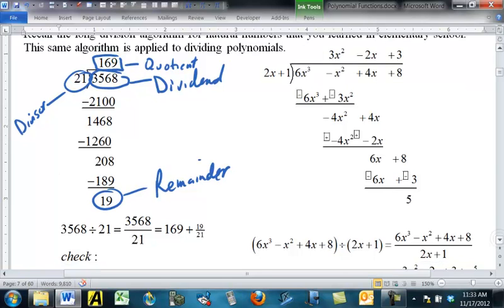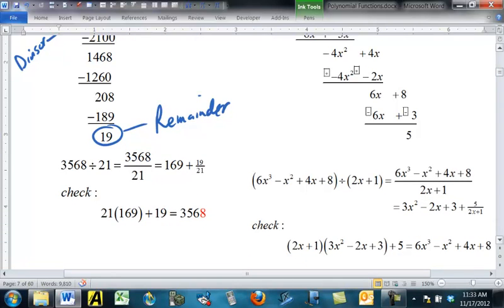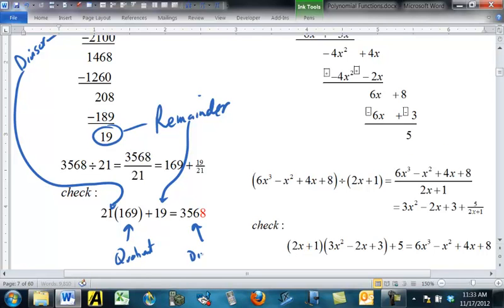So notice that we check it by multiplying the divisor by the quotient and adding the remainder to get the dividend. So this is the remainder. The divisor is here. The quotient is here, and this is the dividend.